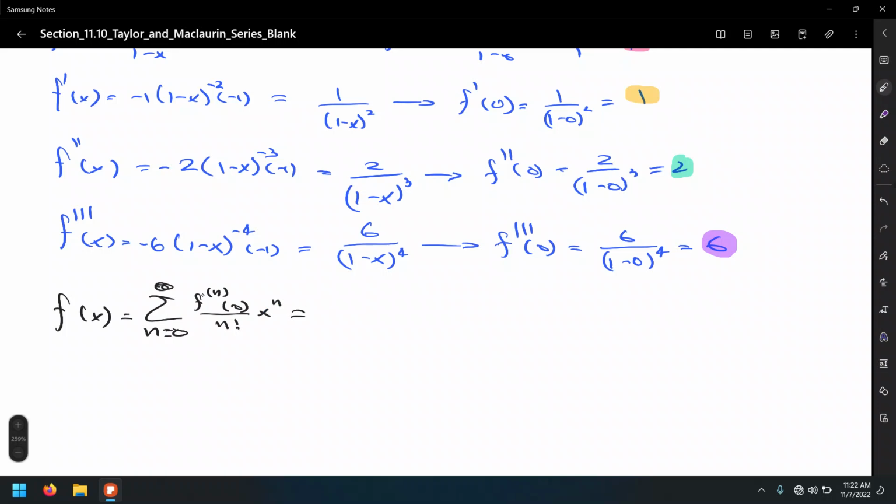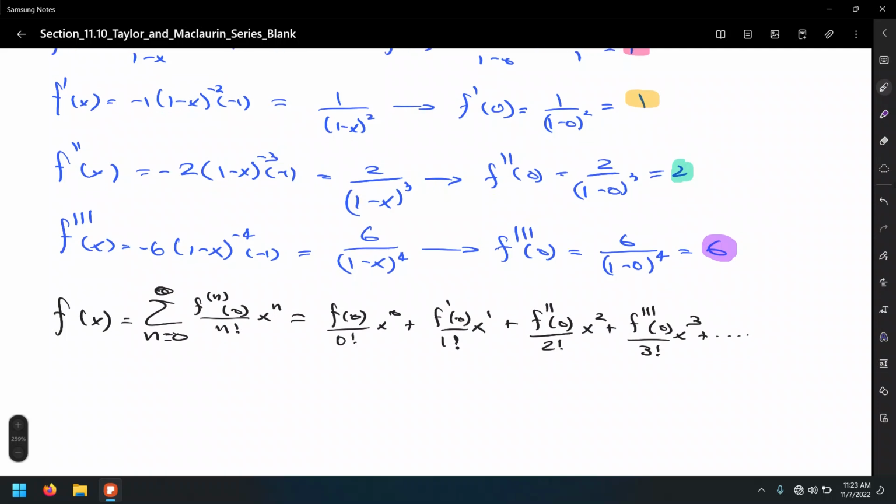So f of 0 over 0 factorial x to the 0, plus f prime evaluated at 0 over 1 factorial x to the first power, plus f double prime at 0 over 2 factorial x squared, plus f triple prime of 0 over 3 factorial x cubed, and well, the pattern just goes on forever.